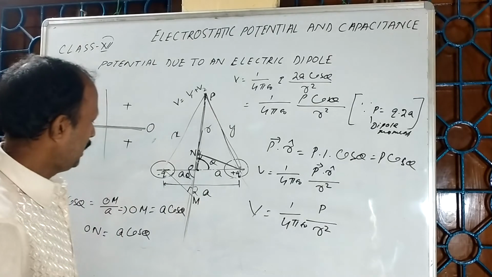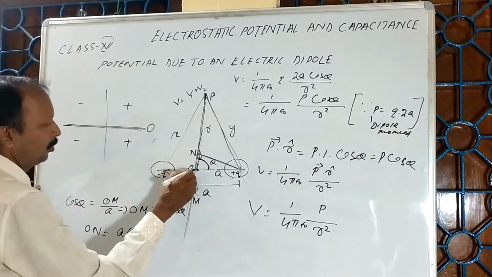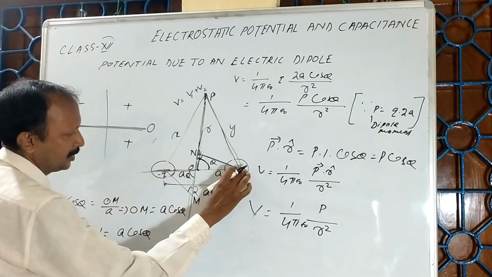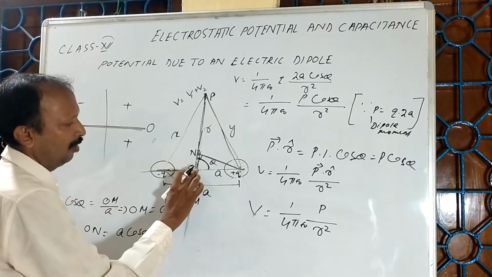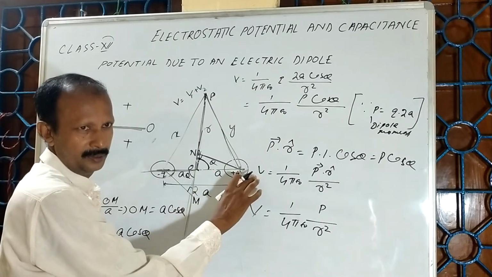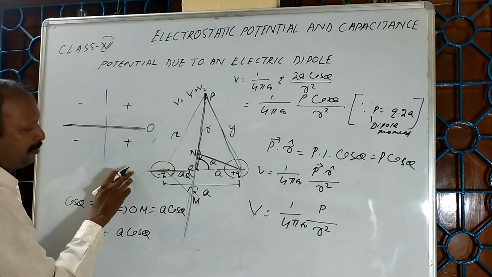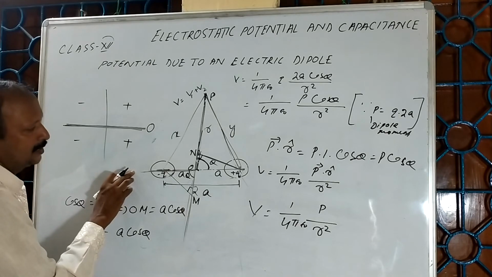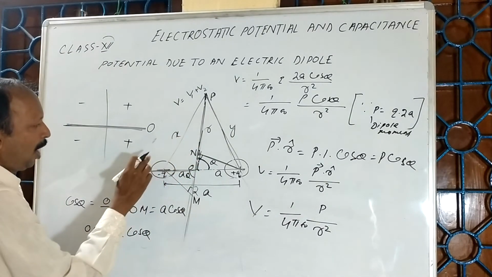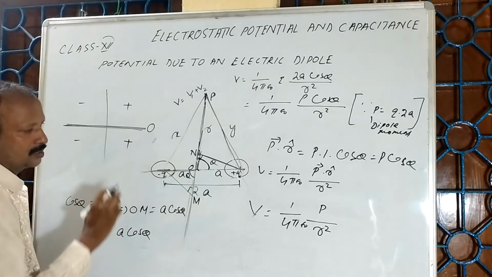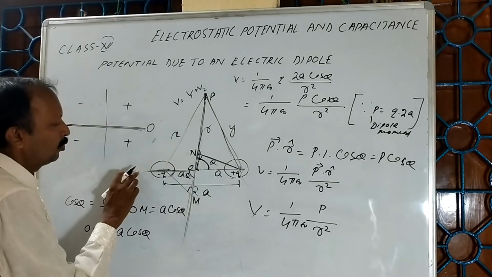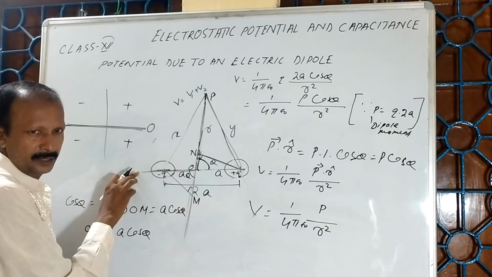Clear? If theta is equal to 180 degree, in this side the value of V will be maximum. This is the positive. And here maximum negative, or you can say it is the minimum value. So if it is 180 degree, definitely this value will be negative.